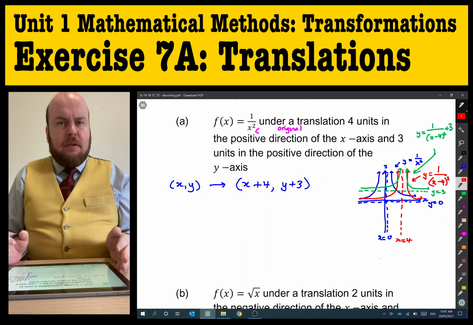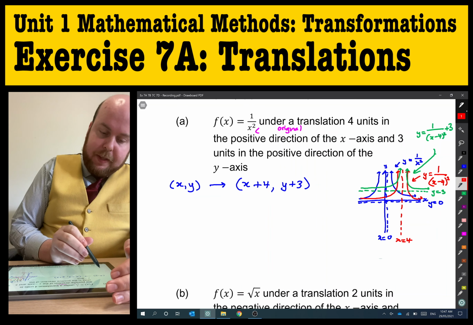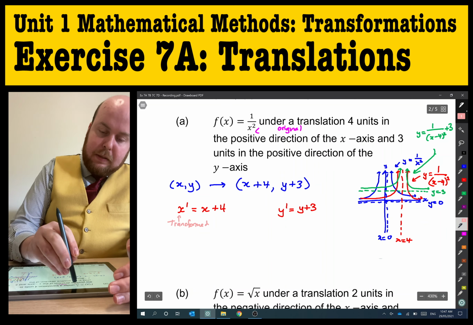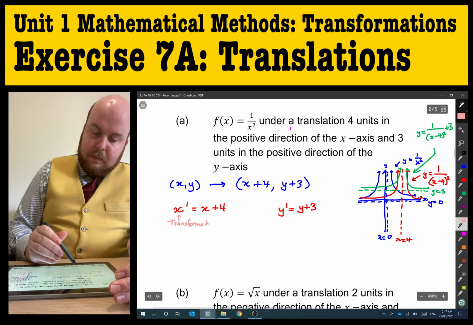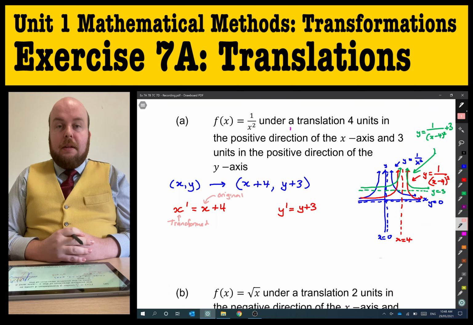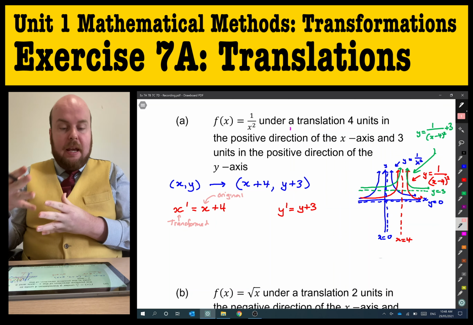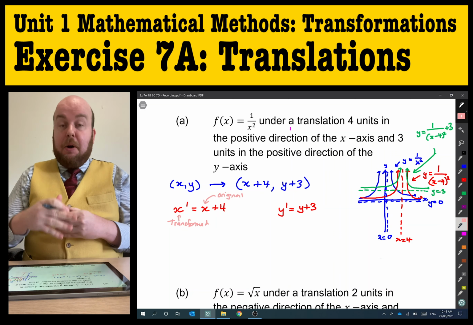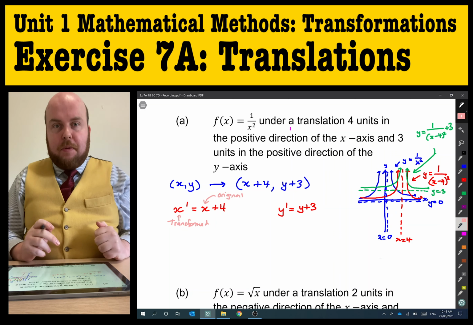So now I'm going to write what's called a transformation statement, and you're going to see what I mean by that very shortly. The transformation statement is simply saying that the transformed x is equal to the original x moved along by 4, plus 4. The transformed y is the original y, but moved up by 3.